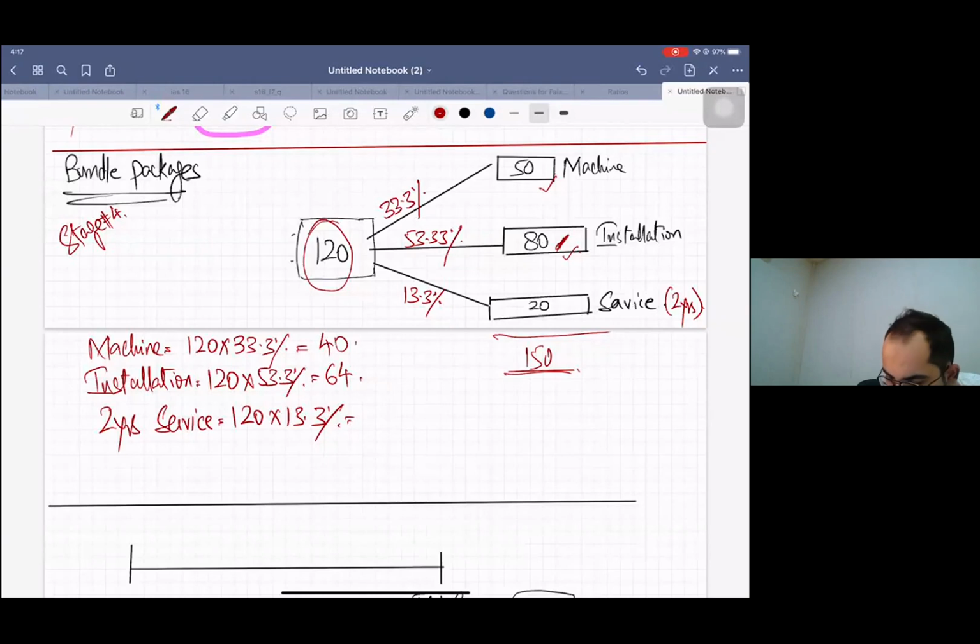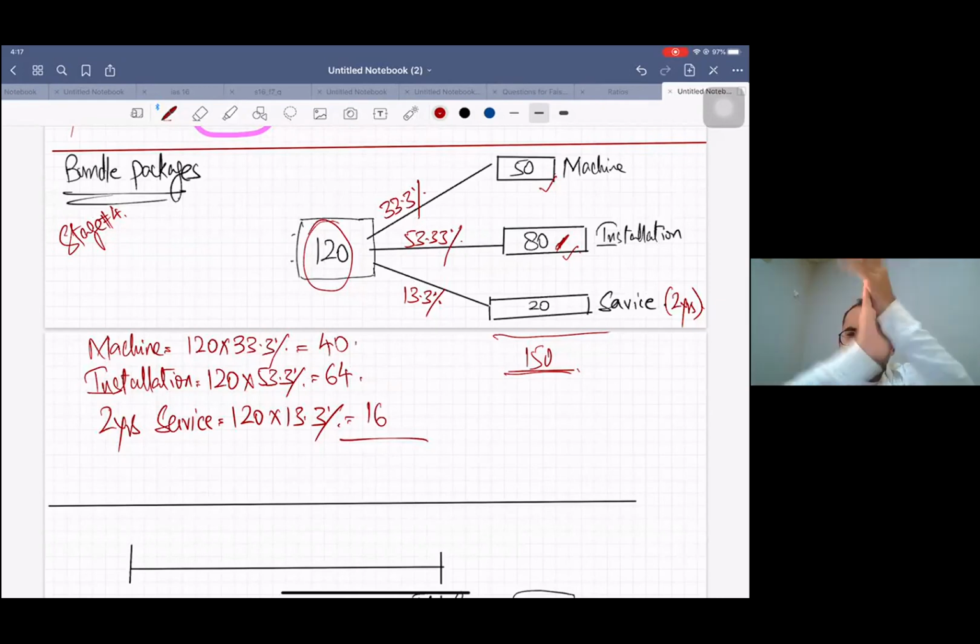I think 64 plus 40 is 104. Yes, it's 16, right? So that's how you apportion the revenue.